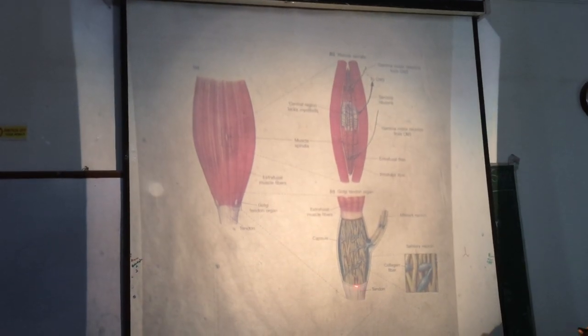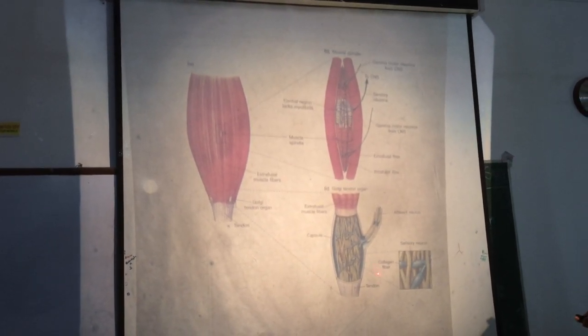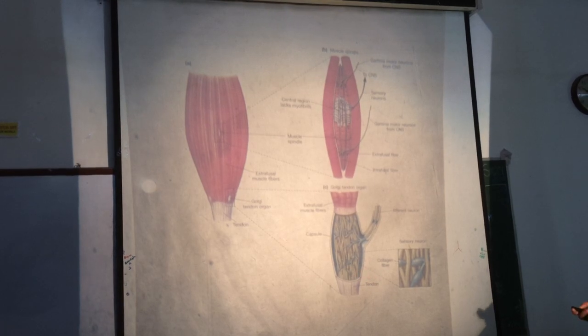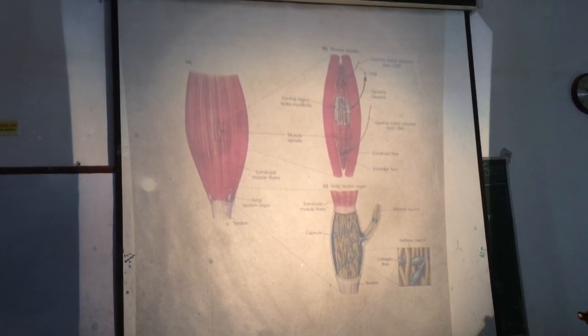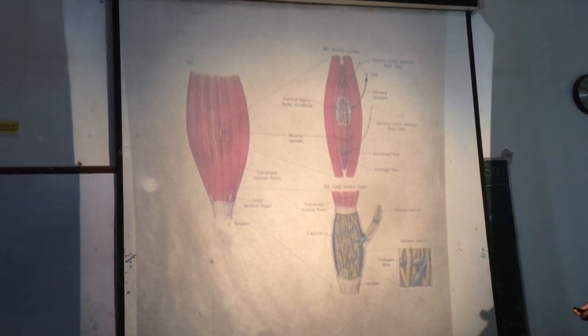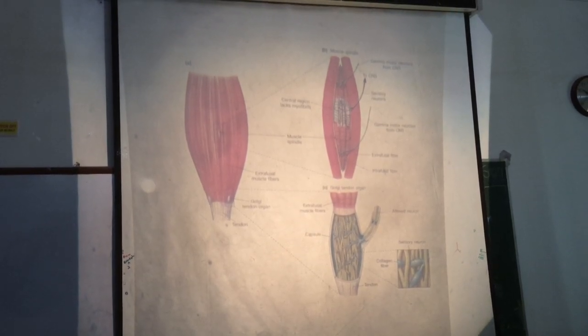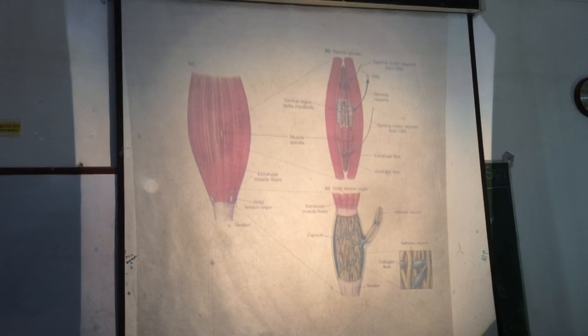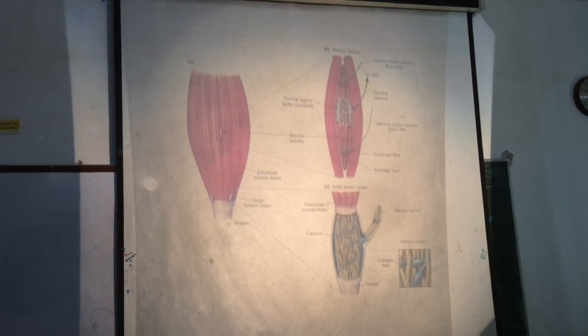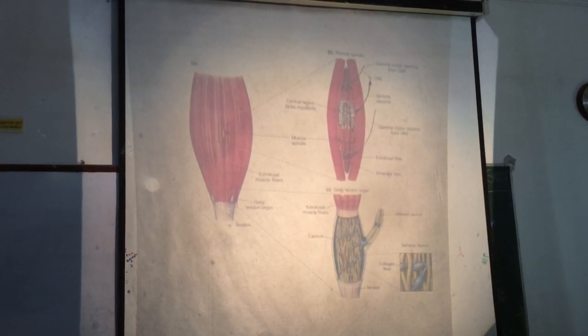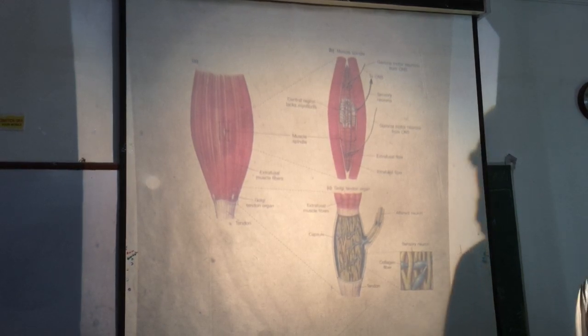Muscle spindles are encapsulated, and inside the muscle spindle there are small modified muscle fibers which are called intrafusal fibers.